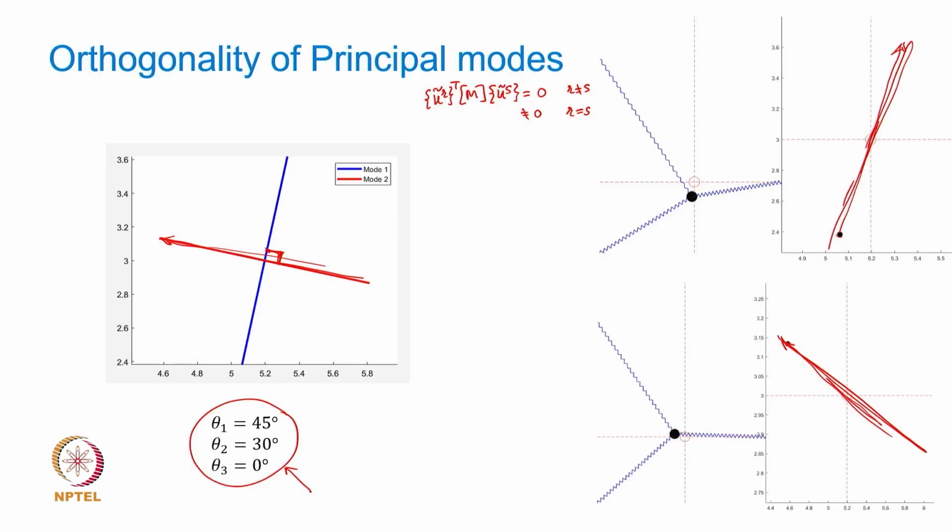Now if an additional degree of freedom, let's say z, appears, that is, if this mass is moving in a 3-dimensional space, then you will have another line about which it is going to vibrate, and the three modes will be orthogonal to each other. In an n-dimensional space you can treat that to be n mutually perpendicular vectors.